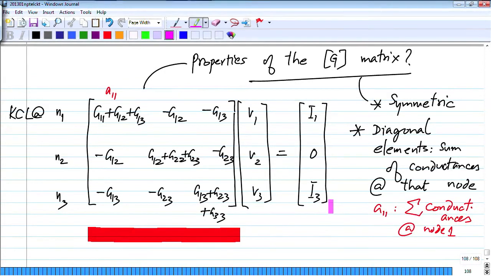Okay. Now, what are the off diagonal entries? Let's say I call this element A12. I think you know the matrix notation. You have A11, A12, A13, and so on. What is this element A12?